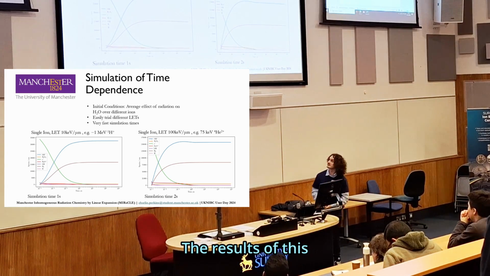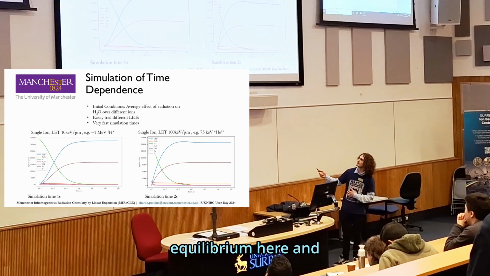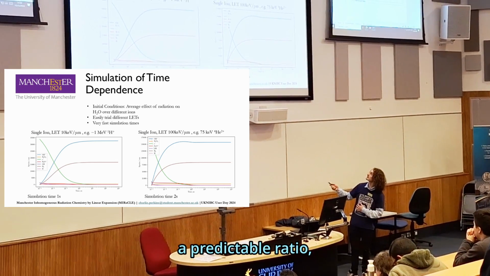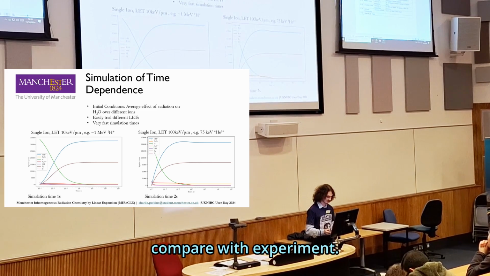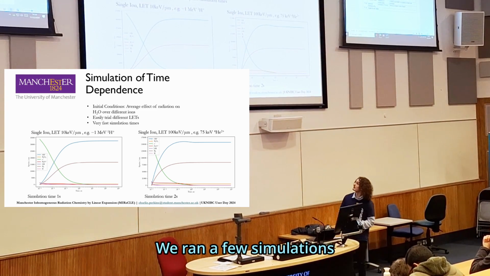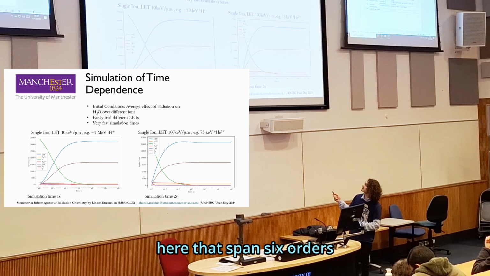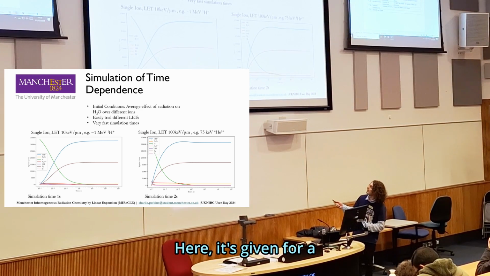The results of this simulation give us a lovely equilibrium and a predictable ratio, which could be used to compare with the experiment. We ran a few simulations that span 6 orders of magnitude in time.